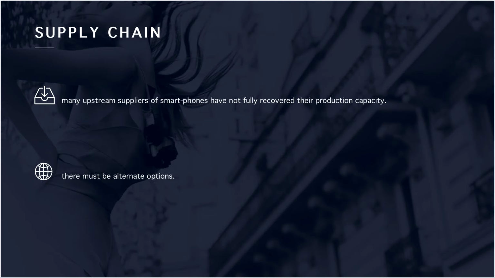Since the beginning of the new year, many upstream suppliers of smartphones have not fully recovered their production capacity, and the manufacture of smartphones cannot lack any kinds of parts. So for these parts, there must be alternate options. For example, use other components to replace the former one, or use other factories to replace the current suppliers.